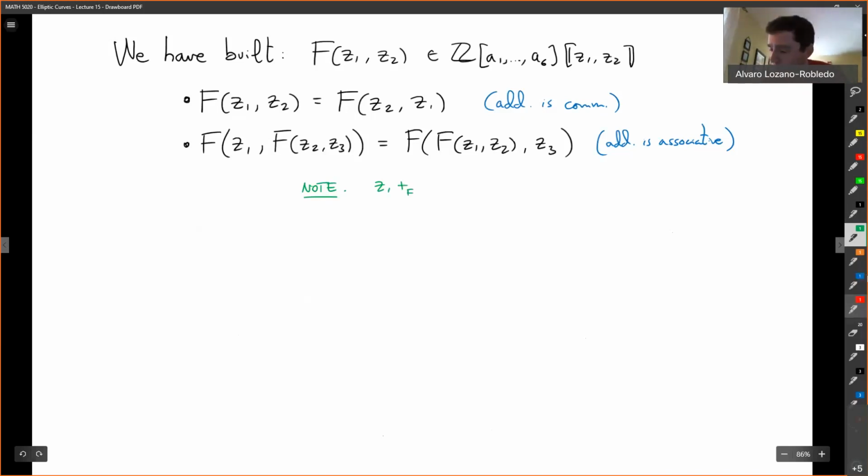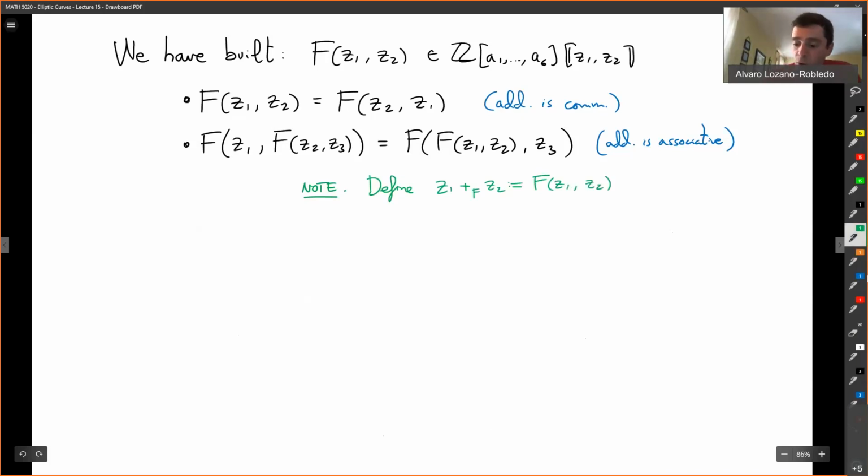So let's define z1 plus f z2 to be f of z1, z2.